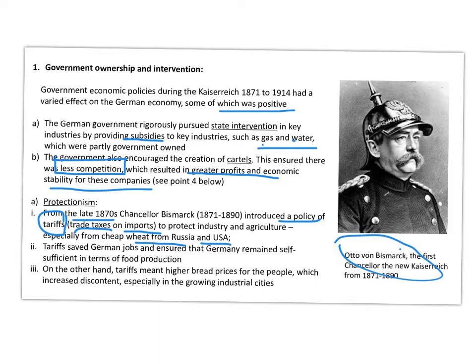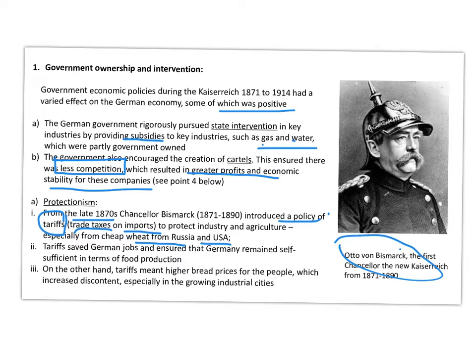Now, obviously, if an American farmer has got to pay taxes to get their grain into Germany, in order to cover the costs of those taxes when they sell their grain to the German people, they've got to put the price of the grain up. So American grain becomes more expensive.